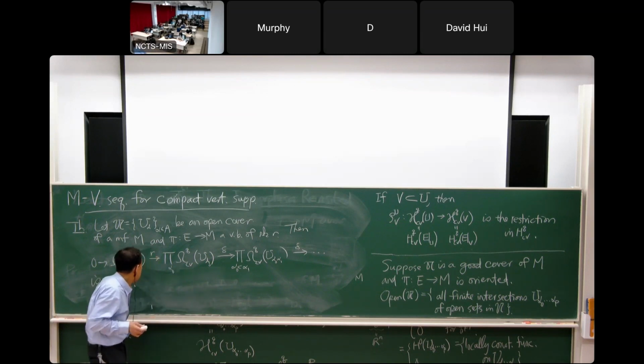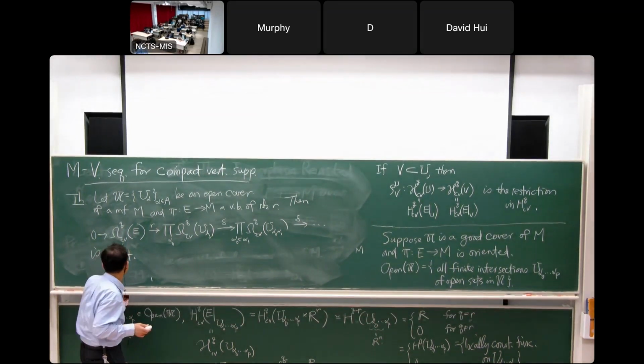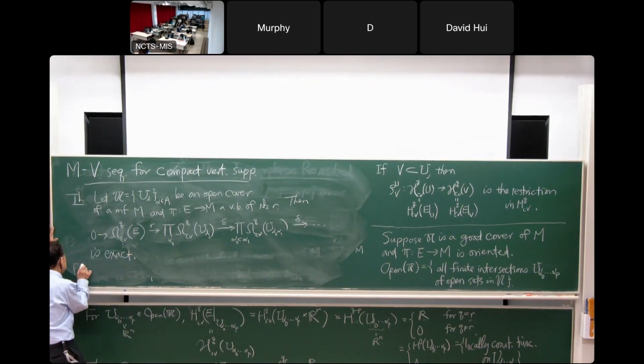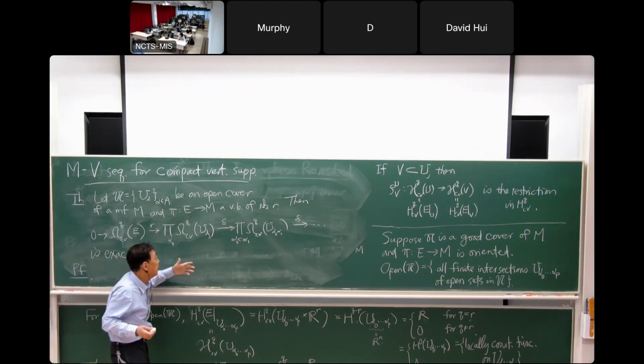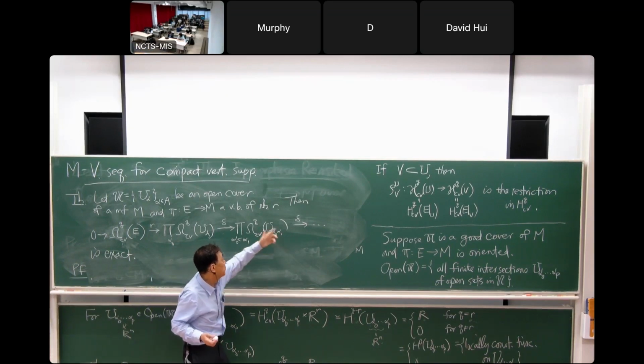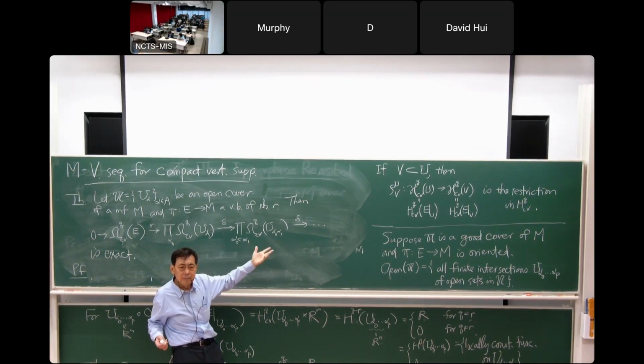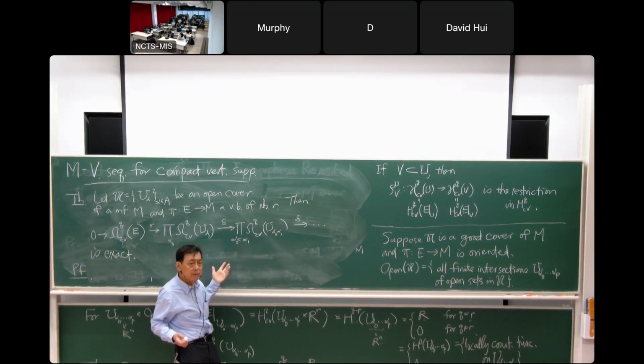And the proof is exactly the same proof. You show that delta squared is 0. It's the same delta as before. And then you find the homotopy K going backwards.